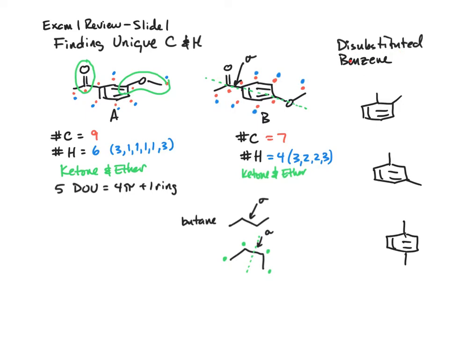So let's look over at this disubstituted benzene problem. And what I want to do here is just point out the mirror planes that are present when you have molecules like this.